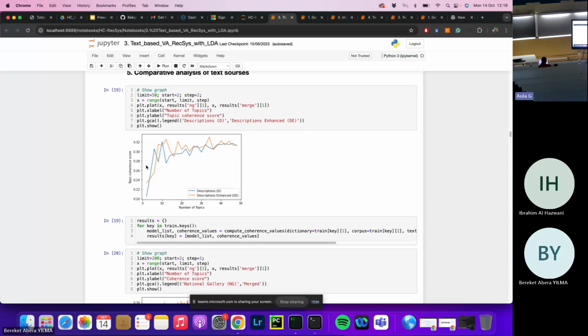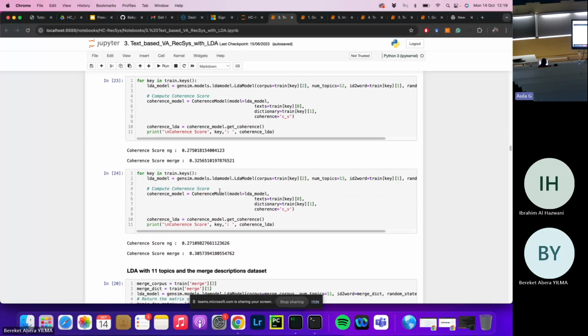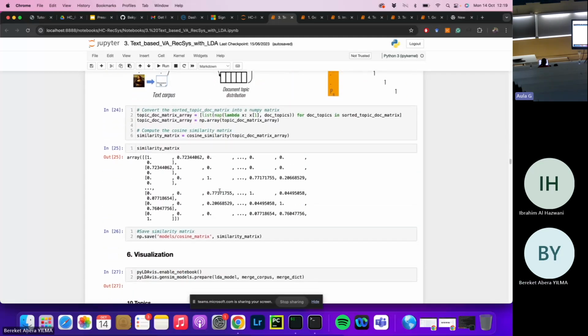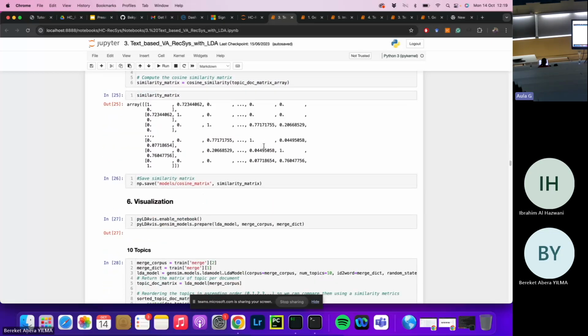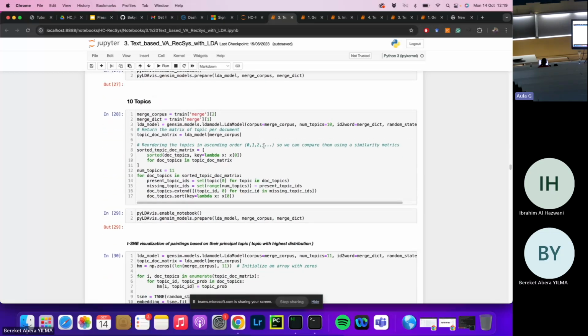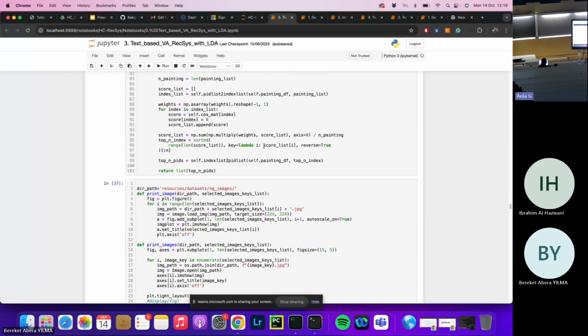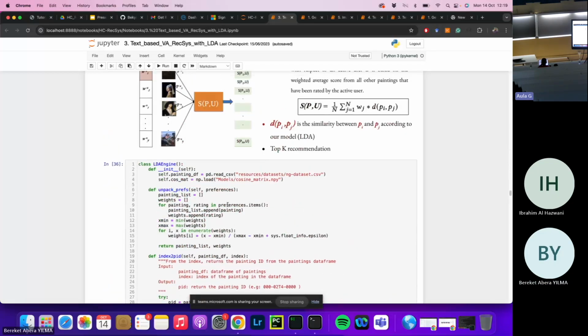You can decide to stop where you have a higher coherence value, and then you set that to build a topic model. Once you do that, you can have your cosine similarity metrics here. And then in the end, you can make a recommendation using the LDA engine module that you can find here.